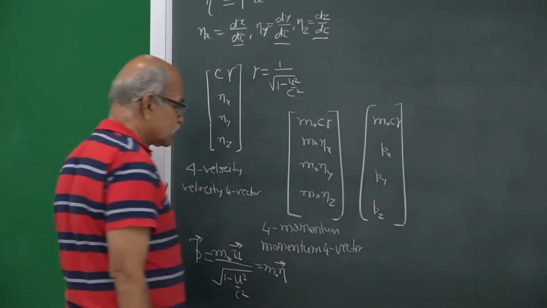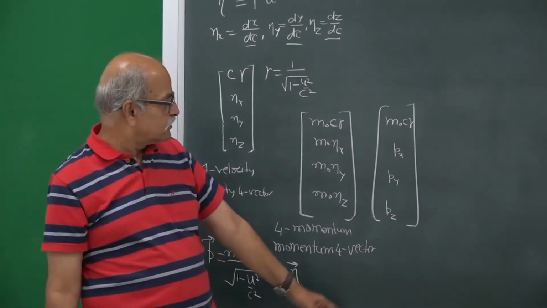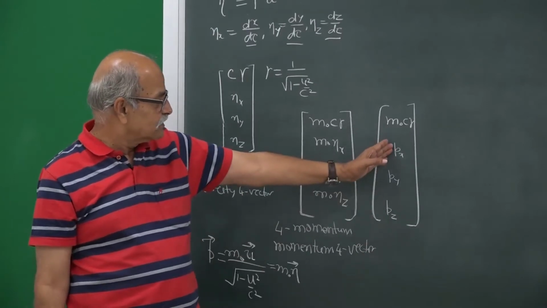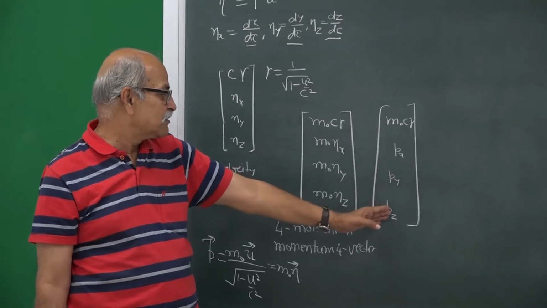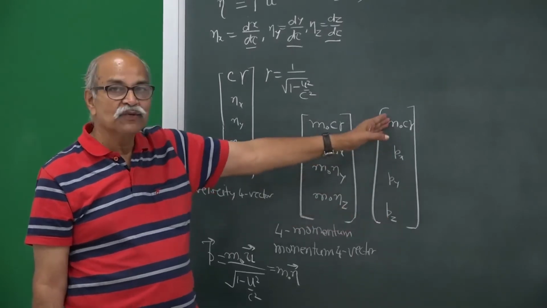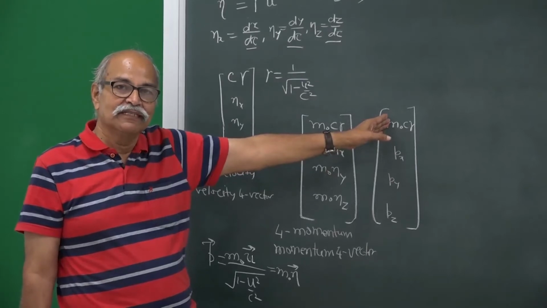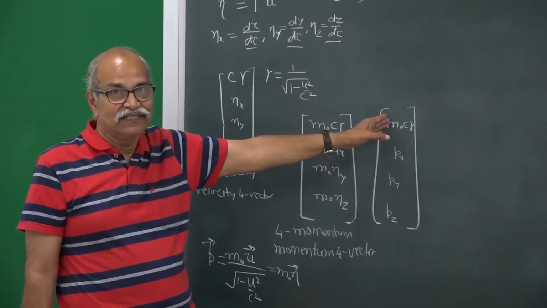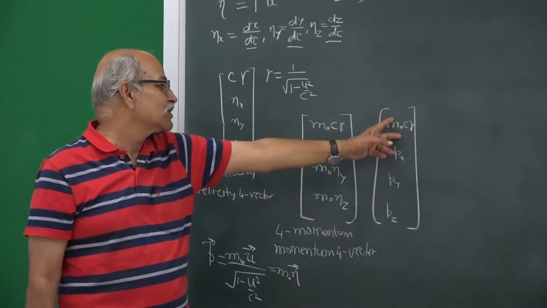And we asked the question at the end of the lecture: we understand this is the linear momentum x component, y component, z component. What is this other quantity? Is there a physical significance of this quantity? Yes, the physical significance is very much there, and today we will be talking about this quantity.